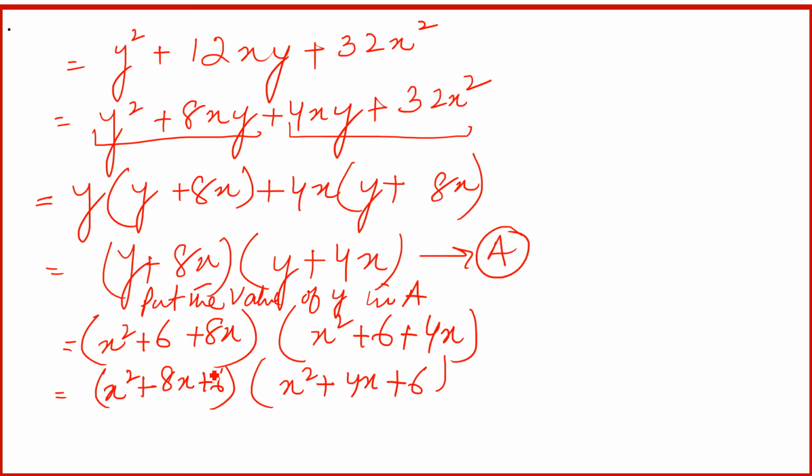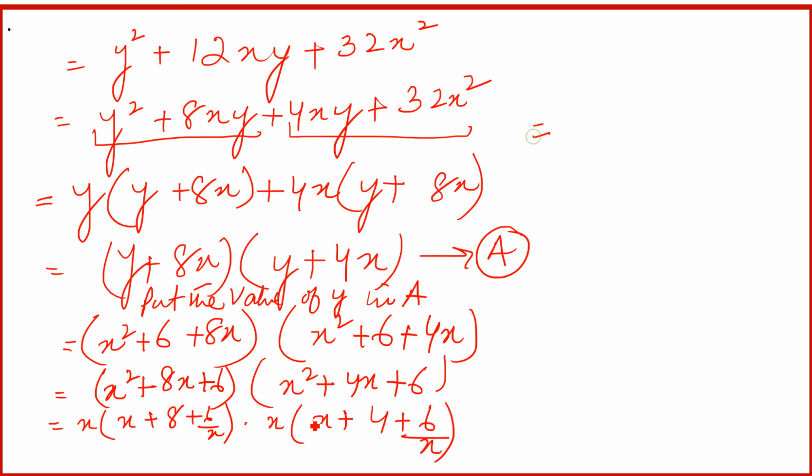If I take x common from this part, what is remaining? x plus 8, and there is no x in the last term, so it will be 6 over x. Same thing if I take x common from here: x plus 4 plus 6 over x. So here is x, here is x, it will be x square. In the parentheses we have x plus 6 over x plus 8, multiplied by x plus 6 over x plus 4.